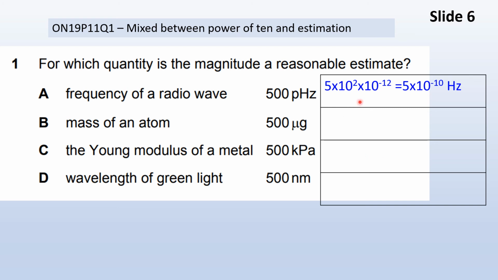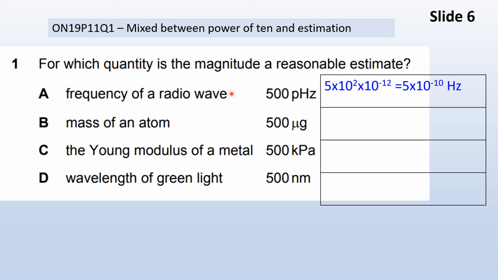So when we combine, it is 5 times 10, I keep the base because I'm multiplying, so I'm going to add the exponents. So when you add exponents, it will be 10 to the minus 10 hertz. Okay, so now we simplify 500 picohertz to 5 times 10 to the minus 10.